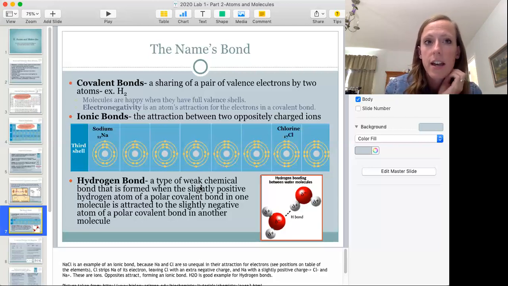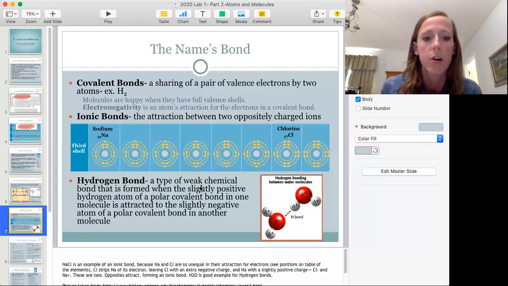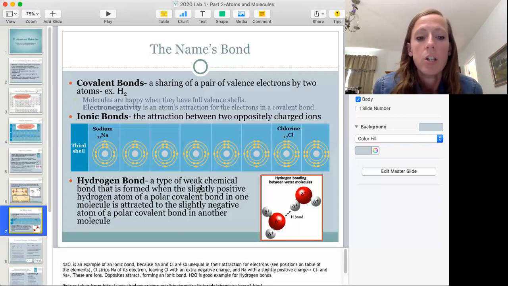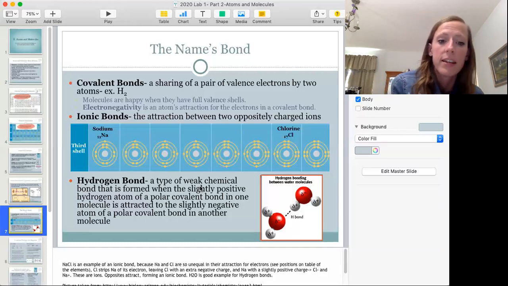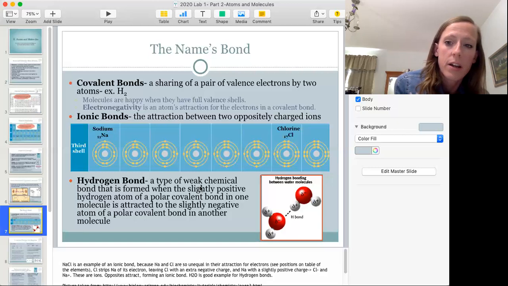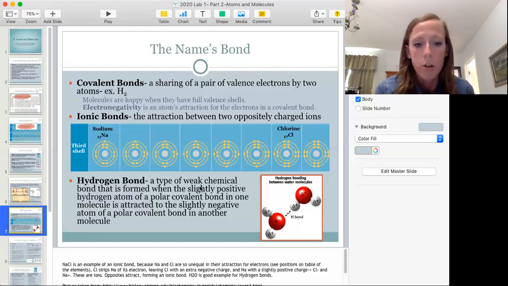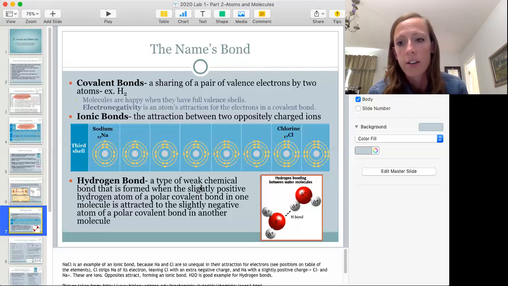It does help to determine the final structure of, say, a protein or other molecule. So a hydrogen bond, I don't want to belittle it, but it is less stable, I guess I would say. It's a slightly weaker chemical bond that's formed when there's a slight positive charge associated with a hydrogen atom, and it's attracted to a slightly negative atom of a polar covalent bond in another molecule.